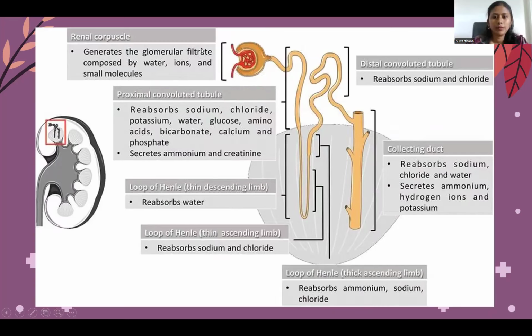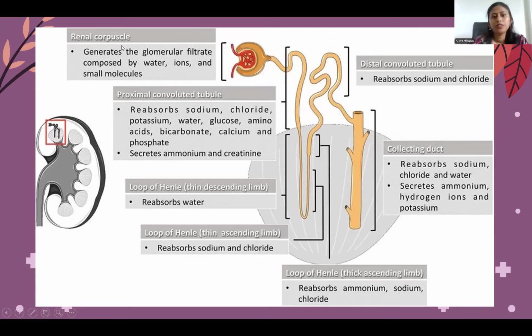So this is a summary. Millions of nephrons join with each other and form the kidney. So the nephron is the structural and functional unit of the kidney. This whole part is called the renal corpuscle. The renal corpuscle is made up of the glomerulus and Bowman capsule.